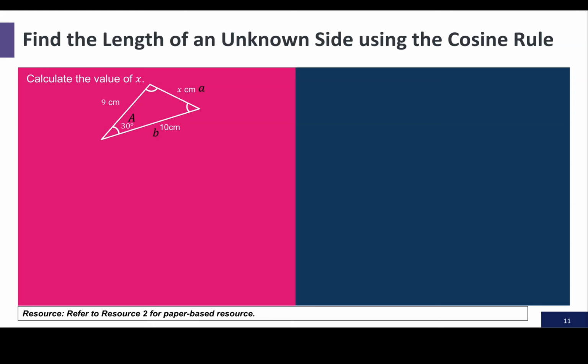And notice I have got two sides which are given and the angle between them, which allows you to calculate the opposite side. It's one of the key things of the cosine rule: two sides and the angle between.